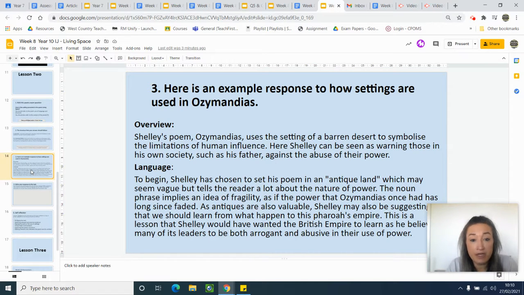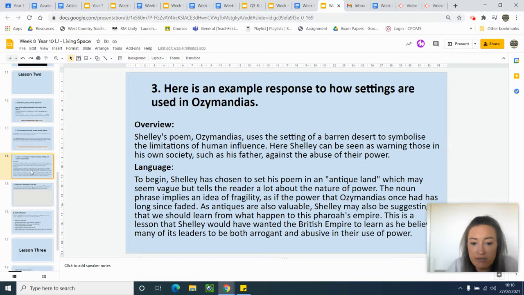To begin, tracking phrase, Shelley has chosen to set his poem in an "antique land", quote, which may seem vague but tells the reader a lot about the nature of power. The noun phrase implies an idea of fragility, as if the power that Ozymandias once had has long since faded. As antiques are also valuable, Shelley may be also suggesting that we should learn from what happened to this pharaoh's empire.